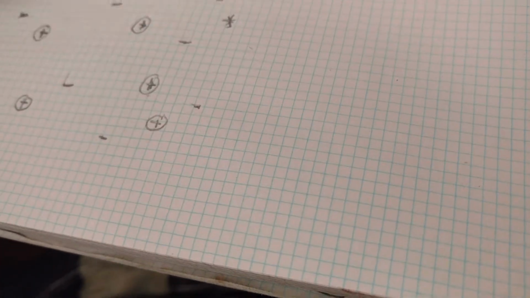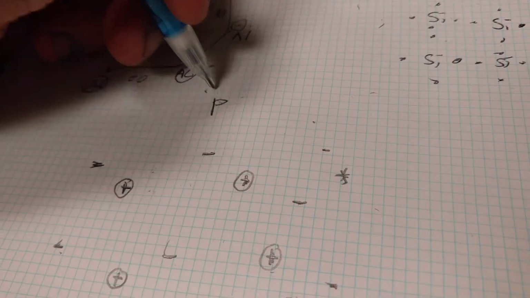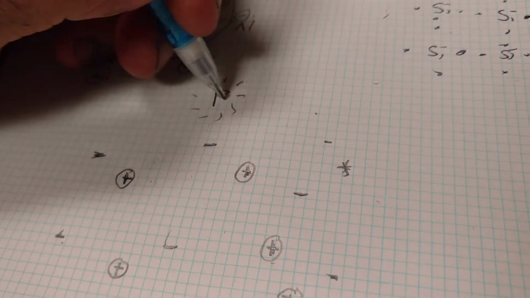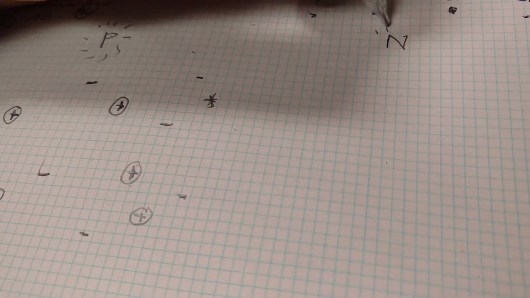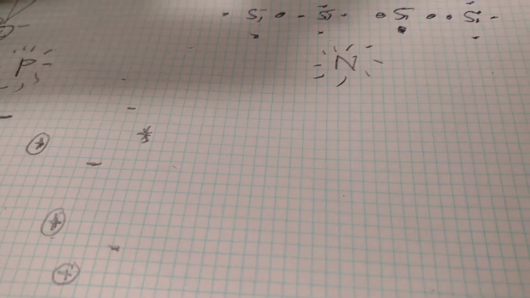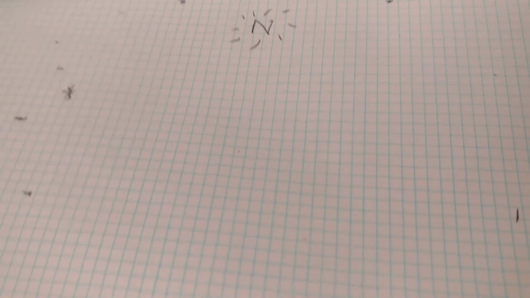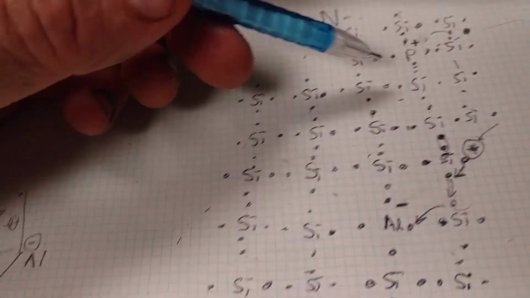Alright, so while we're at it, we're going to butt some P-type material up against some N-type. P compared to N. Now N is created by adding phosphorus, which has 5 electrons.